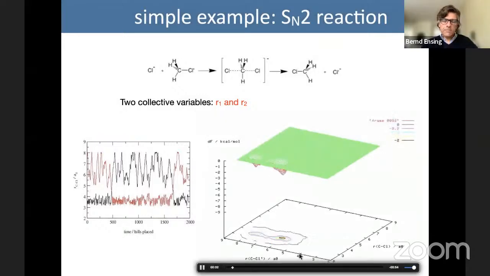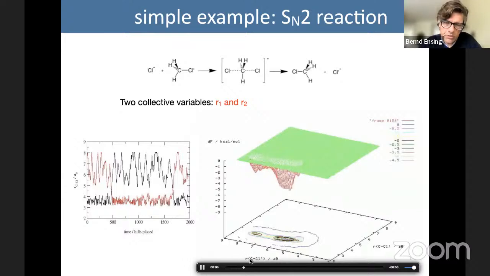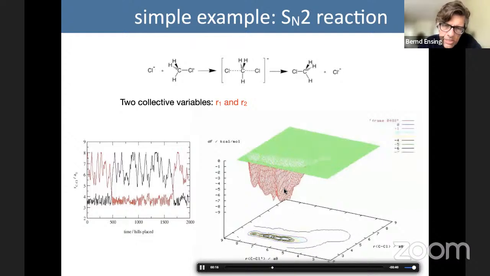So in this case, the free energy landscape has 2 collective variables. There's 2 distances, this distance here and this distance there. And so I have here on the X and Y axis the 2 distances. And what you see here is a sum of Gaussians, but upside down. So I already show here the free energy landscape.